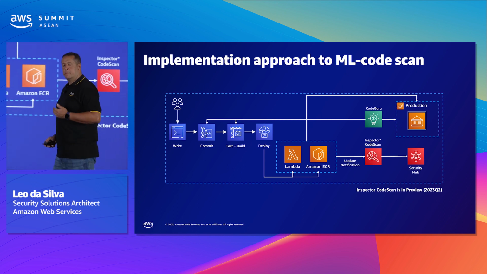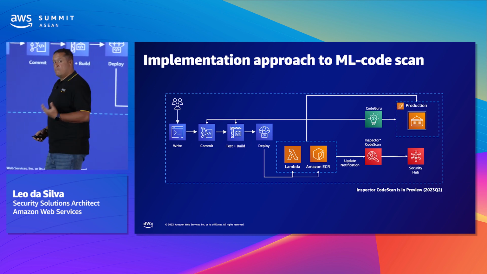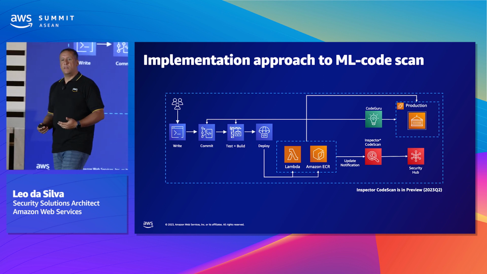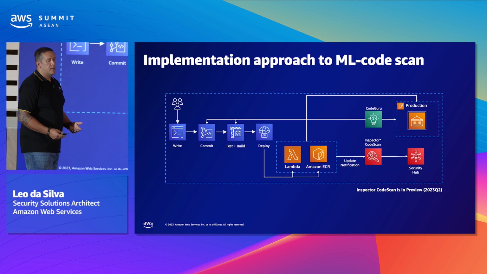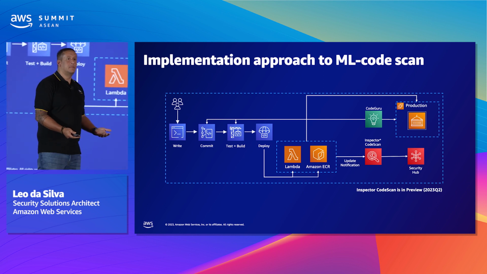Not only that, because we are using machine learning technology, the model is trained by us. Our own AWS application security team feeds back into this machine learning model to train it and improve it over time. We aim to have a 0 false positive rate from the results.